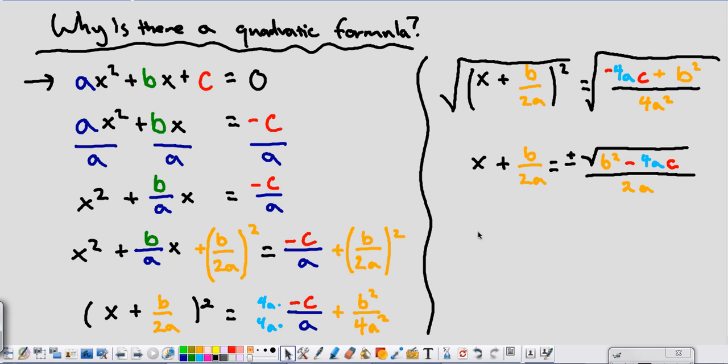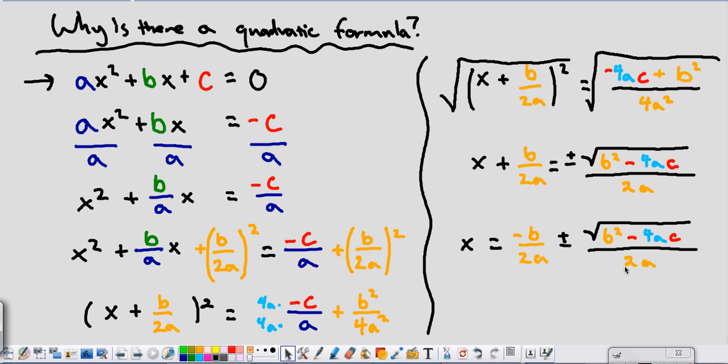Now, I'm going to write my equation out. x equals plus or minus the square root of b squared minus 4ac over 2a, except I'm going to subtract b over 2a from both sides. So that gives me negative b over 2a plus or minus the square root of b squared minus 4ac all over 2a.